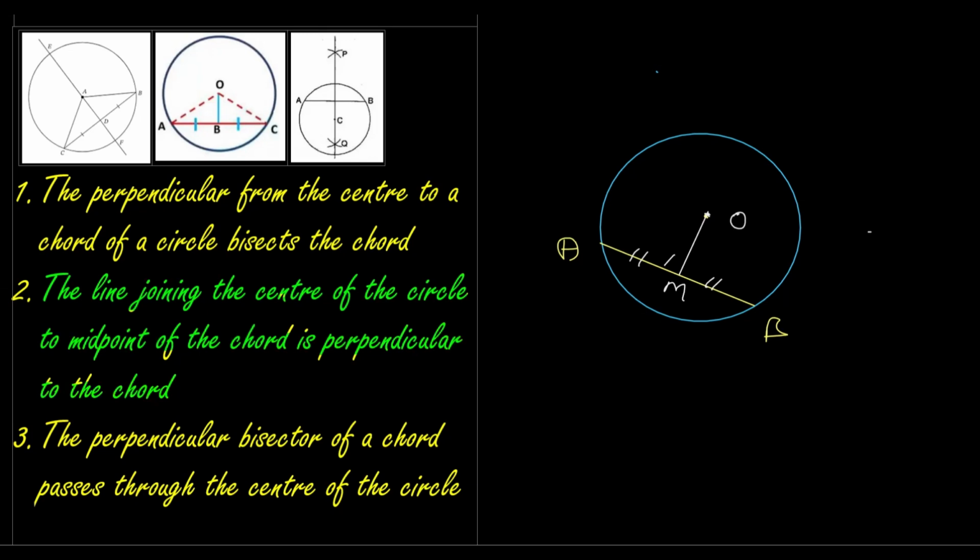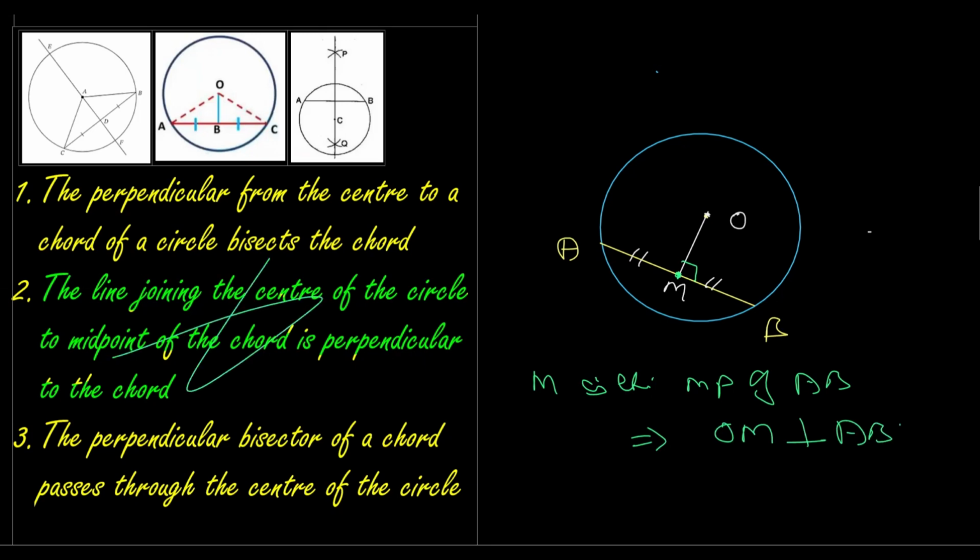That means if it is given to you that M is the midpoint of AB, and if you join the midpoint of the chord with the center, then this line joining the center to the midpoint of the chord should be perpendicular to the chord. So using this property, we can say that OM is perpendicular to AB.